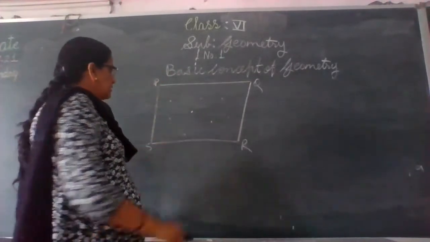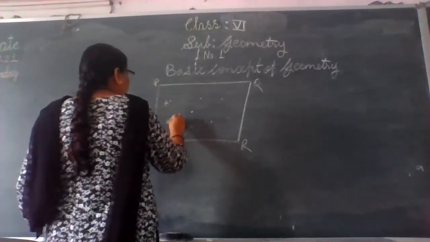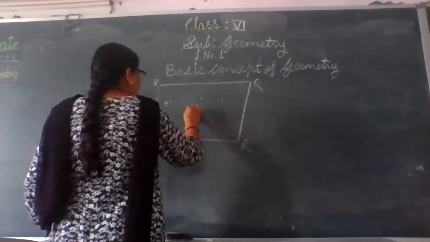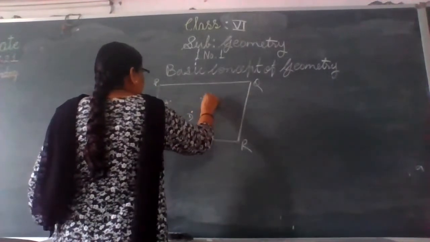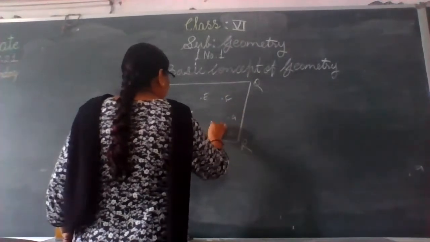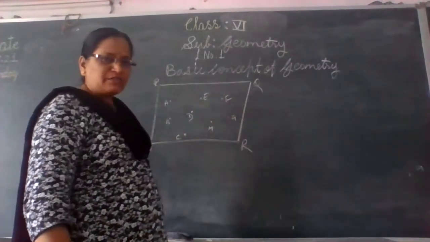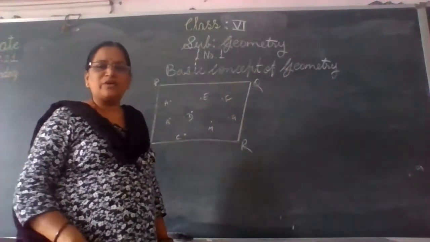Have you seen this? It is point A, B, C, D, E, F, G, and this one is H. Now see, if you are taking any 2 points, how many lines can you draw?